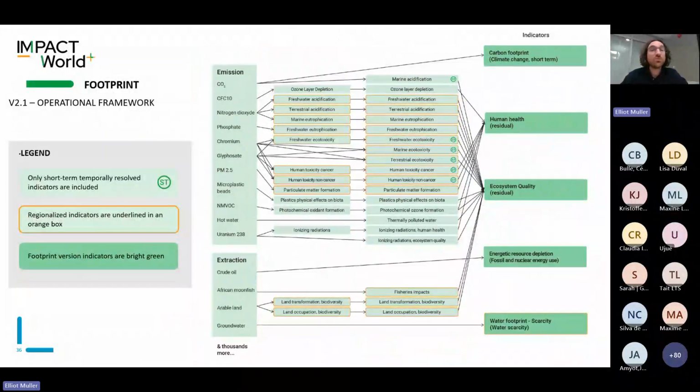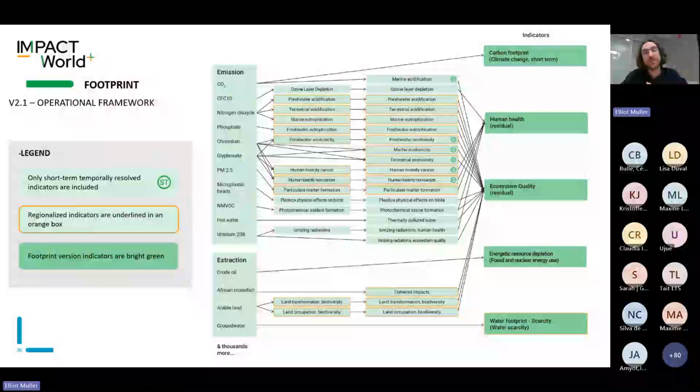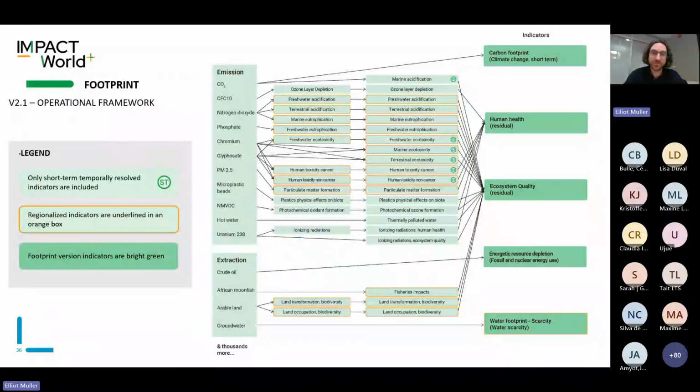So that is the final framework for the footprint version, with only 5 indicators provided to the users. Namely the carbon footprint indicator, the water scarcity footprint indicator, the energetic resource depletion indicator, and the residual human health and residual ecosystem quality indicators.